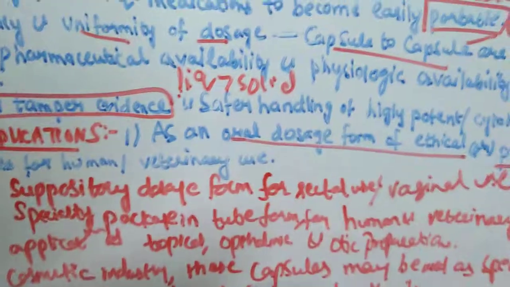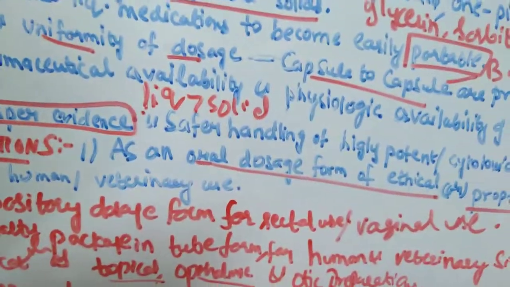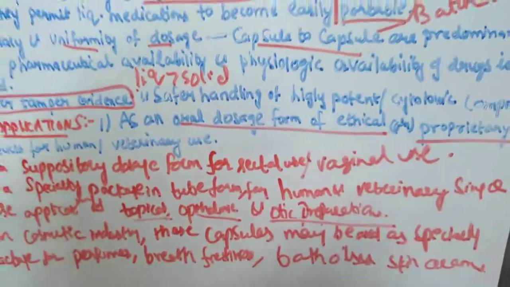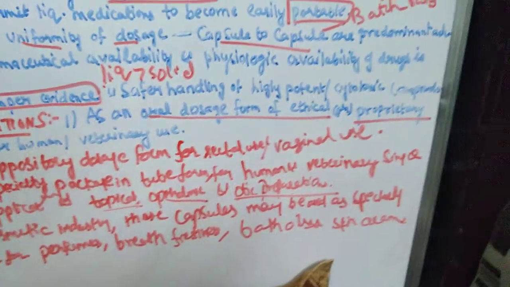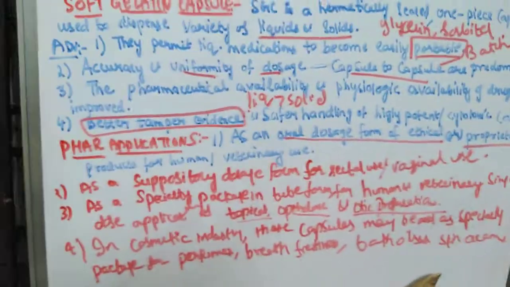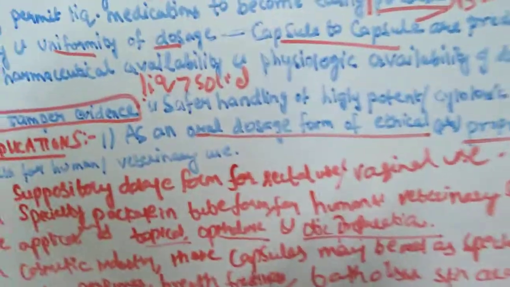Topical is on your skin surface, ophthalmic is for the eyes, and otic is for ear preparations.